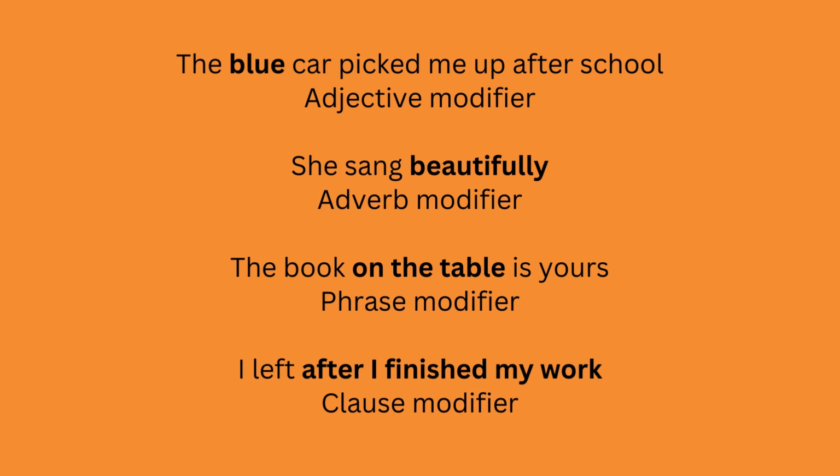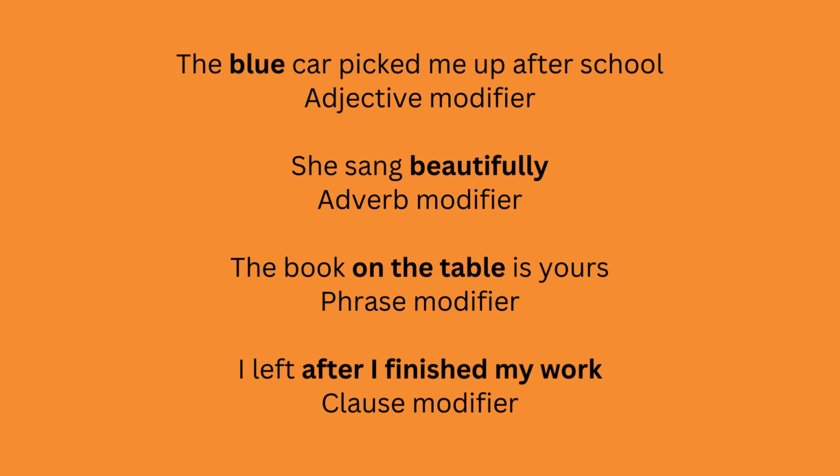It does not contain a verb that is used in conjunction with a subject. I left after I finished my work. That is a clause modifier. I left can stand on its own as a sentence, and after I finished my work can stand on its own too. We have a subject and a verb, and they are in agreement.